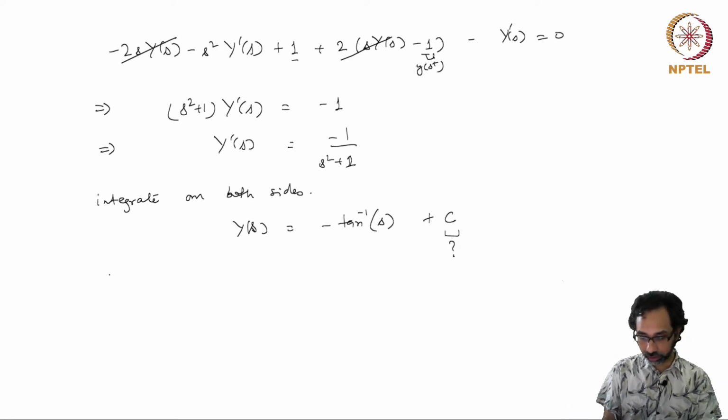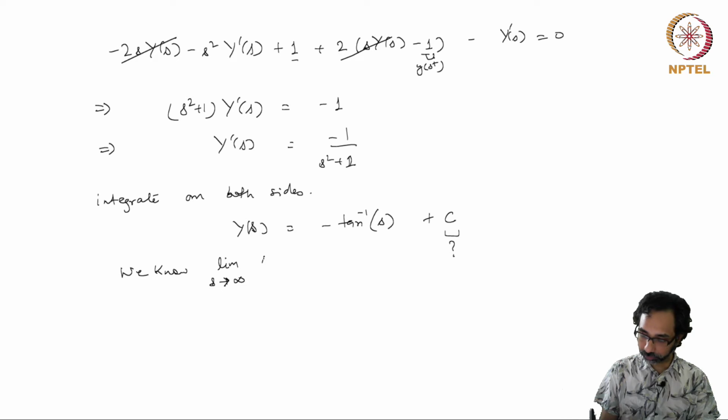Then we apply our knowledge of the behavior of the Laplace transform. We know that the limit as s goes to infinity of Y(s) is 0. This was one of the properties of the Laplace transform. So if you take the limit on both sides, you get 0 on the left side and minus pi by 2 plus C on the right side.